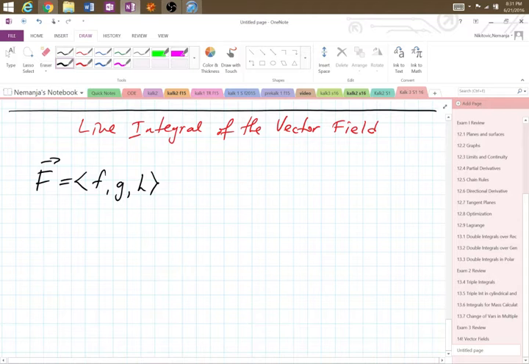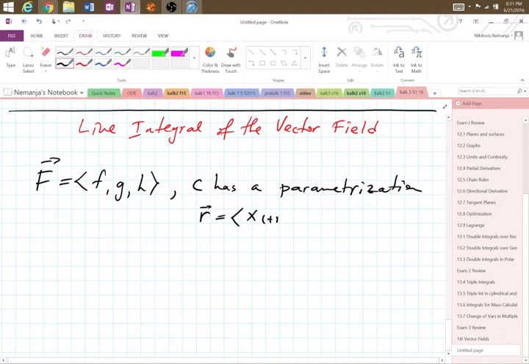And then there is a parametrization C that gives us, so C has a parametrization R, that's a vector, is equal to standard x of t, y of t, z of t. And we still have our good old t to be between a and b.